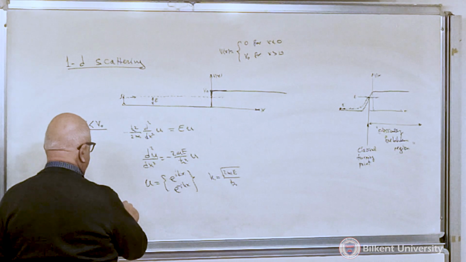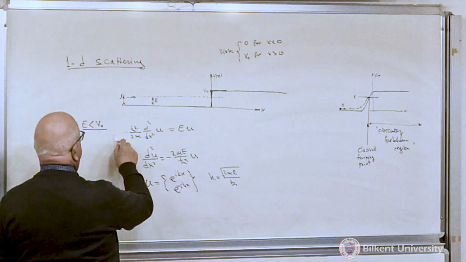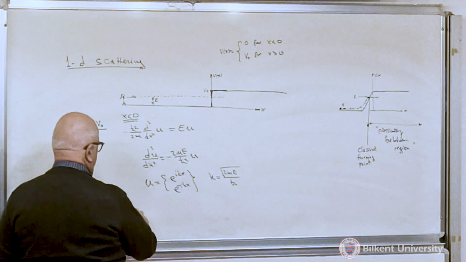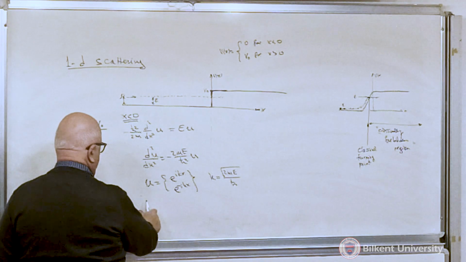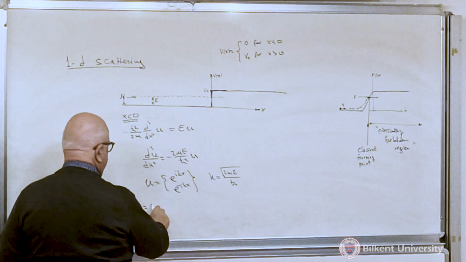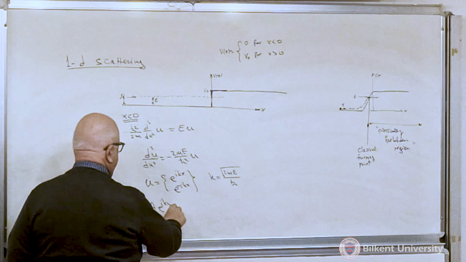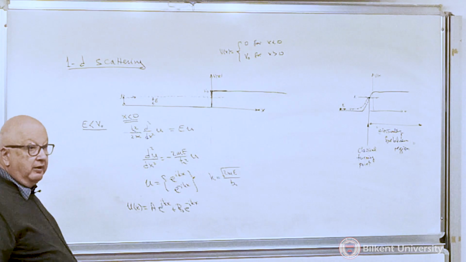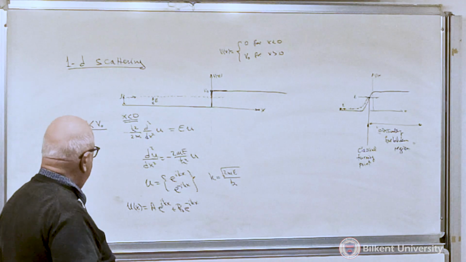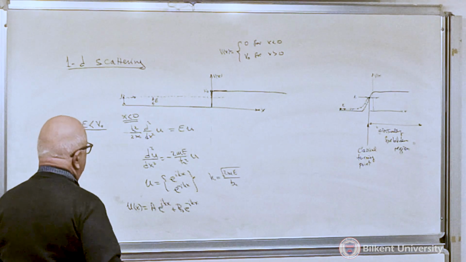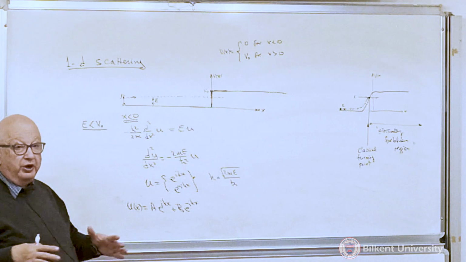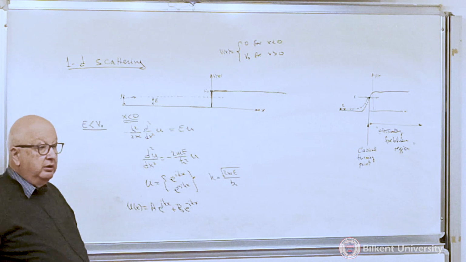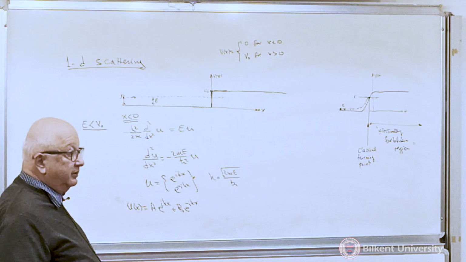So for x less than 0, u of x is going to be a linear combination of e to the ikx and e to the minus ikx. We discussed, when we were deriving the equation for probability current, what a wave function like that meant.